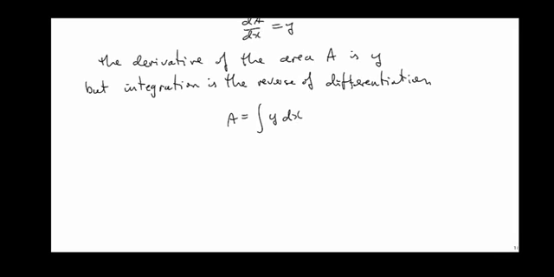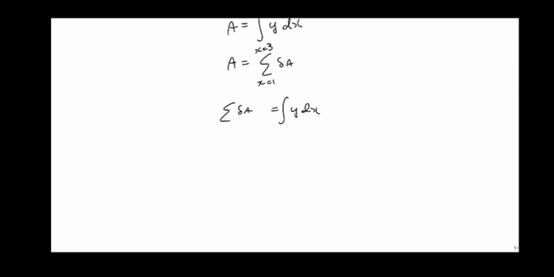But A is also the sum of the areas of all of the strips as x goes from 1 to 3. So the sum of the areas is the integral of y dx, and integration is sum.